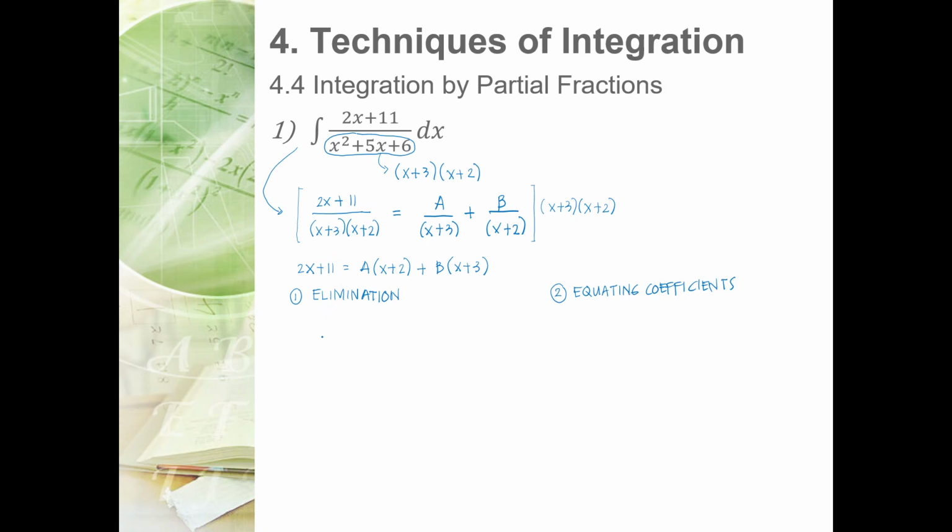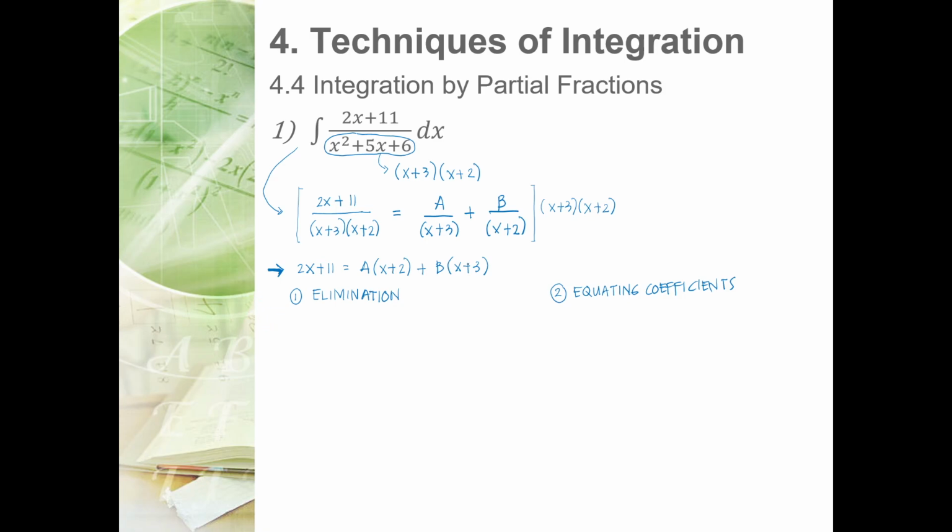So elimination means you have to utilize this equation now and try to look for the values of x that can eliminate one variable and retain the other variable. So most likely this method is only applicable if you have 2 to 3 unknowns.